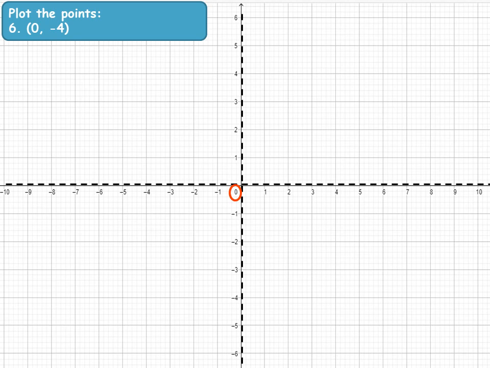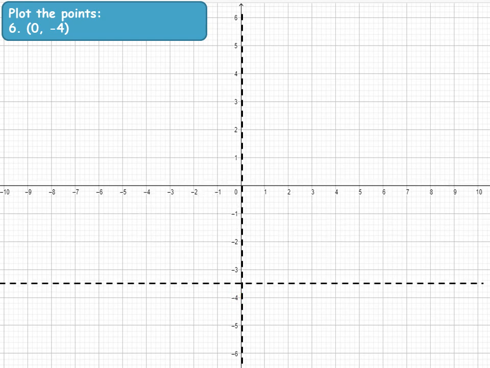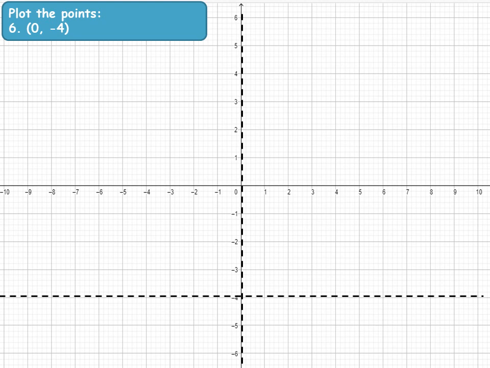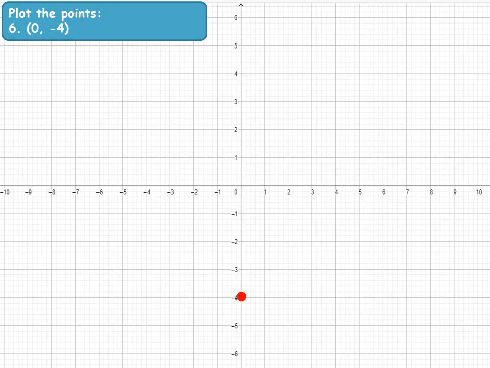Again, 0 on the x, -4 on the y. Since the x is 0, we didn't make any movement. We're going to keep our point right exactly sitting on our -4.